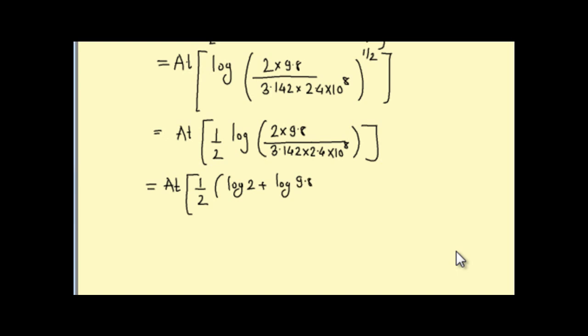Anything that is in the numerator, log values of that number, right? And anything in the denominator, the sign outside log will be minus: minus log of 3.142 minus log of 2.4 minus log of 10 raised to 8.